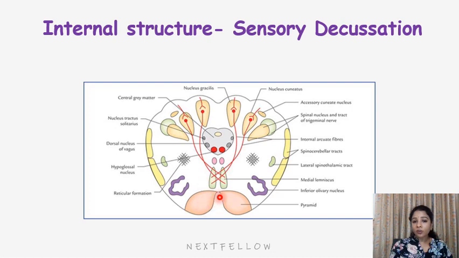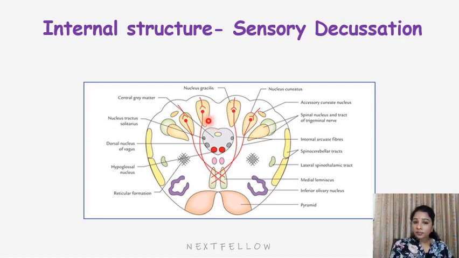After crossing over, the tract present is called the medial lemniscus. It is present on the medial side, near the midline, all through the length of the brainstem after it forms. Once formed in the middle of the medulla, it is seen till the level of the midbrain, because the medial lemniscus after forming ascends up and ends in the thalamus.